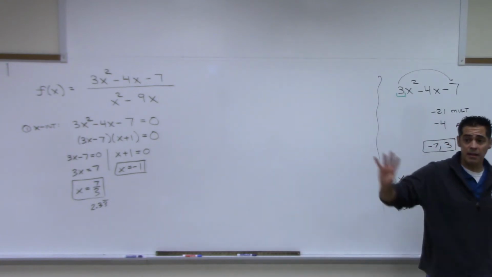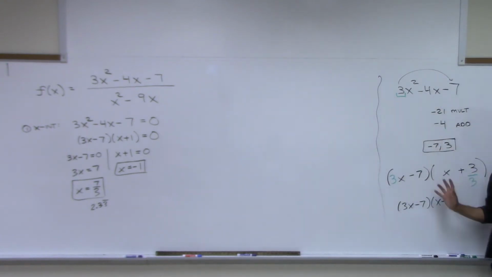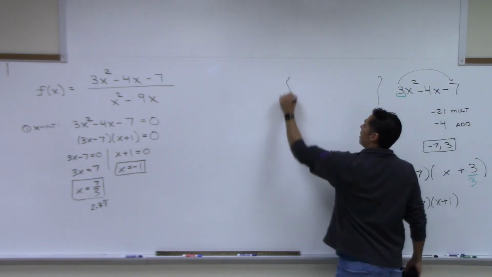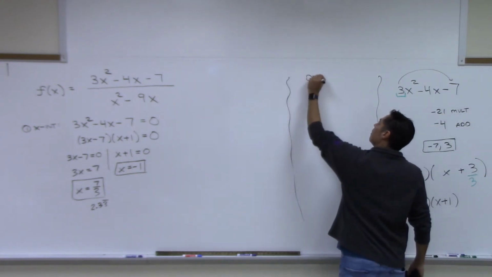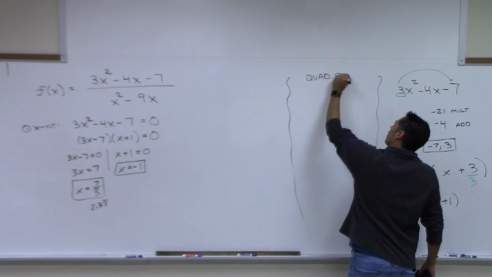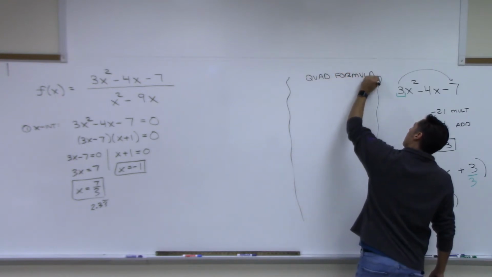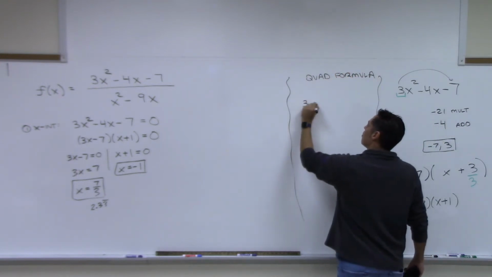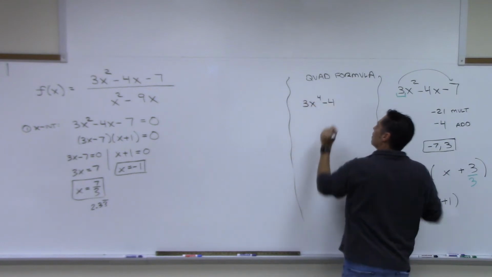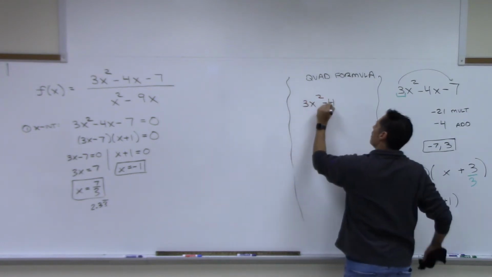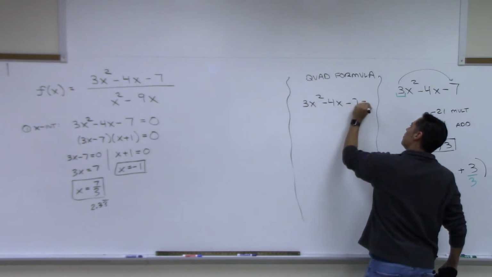Okay, any questions there? If you're not happy with this, I'm about to use the quadratic formula as well to do it. That would be our second option if you didn't want to do this. So if I want to do the quadratic formula instead, then I'm trying to solve this, right? 3x squared minus 4x minus 7 equals 0.